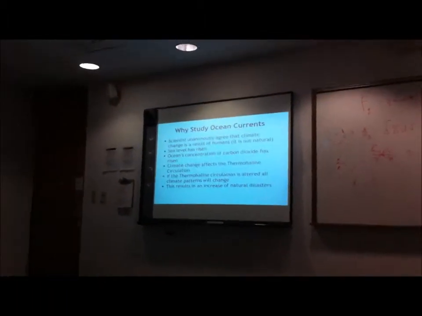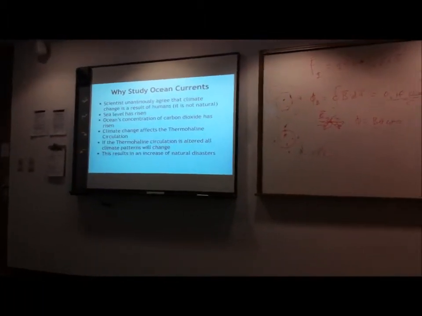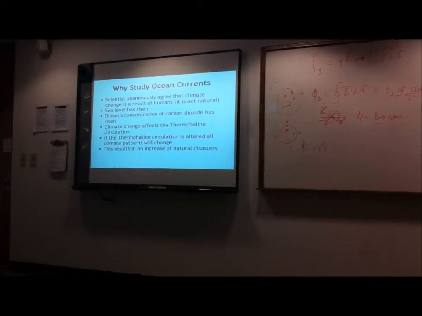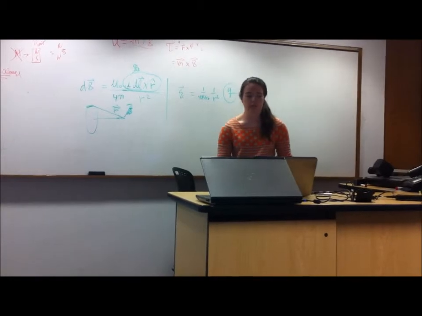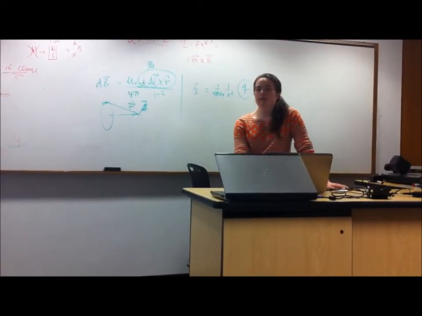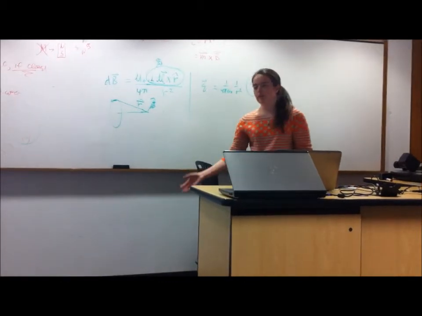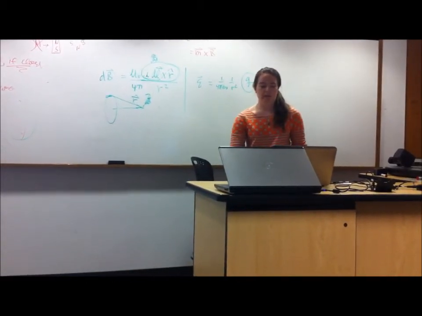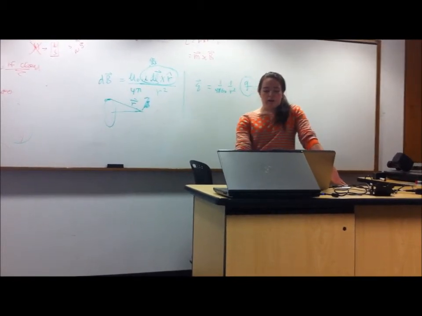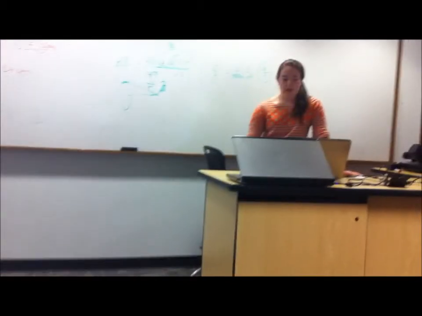Why do we study ocean currents and the ocean overall? Scientists have been getting together for the last 50 to 100 years, studying it and coming up with different models of the ocean's currents, and they've basically unanimously agreed that climate change is a result of human activity.